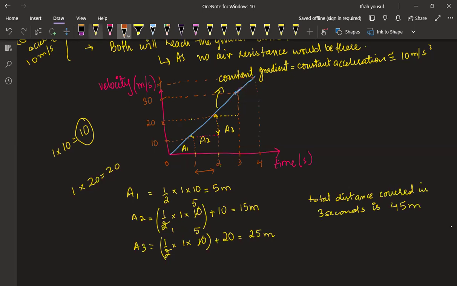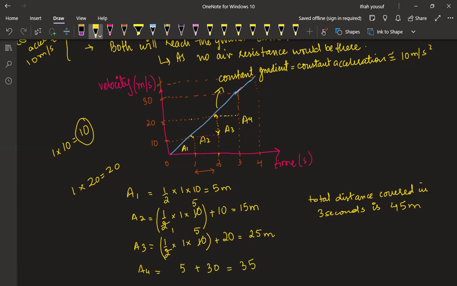If I find the area of this region, A4, that's going to be 10, then 20, and then 30. And we are getting this 5 here, 5 plus 30, we'll get 35.